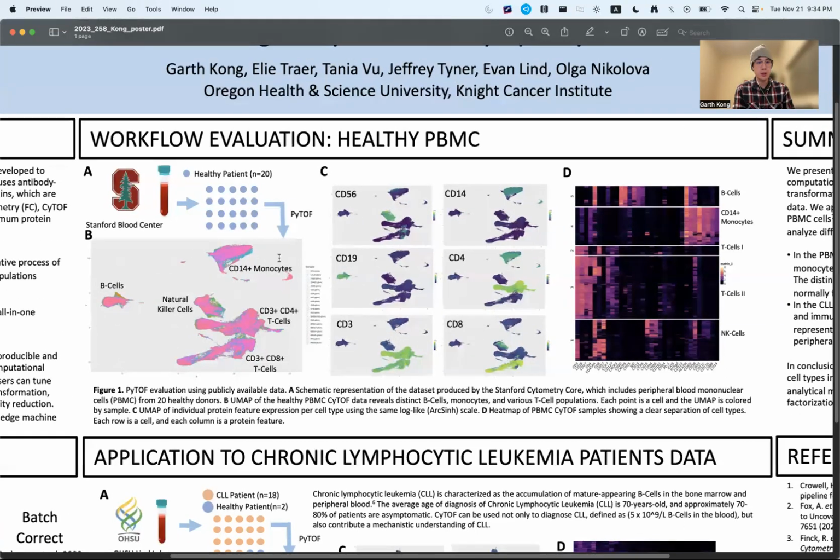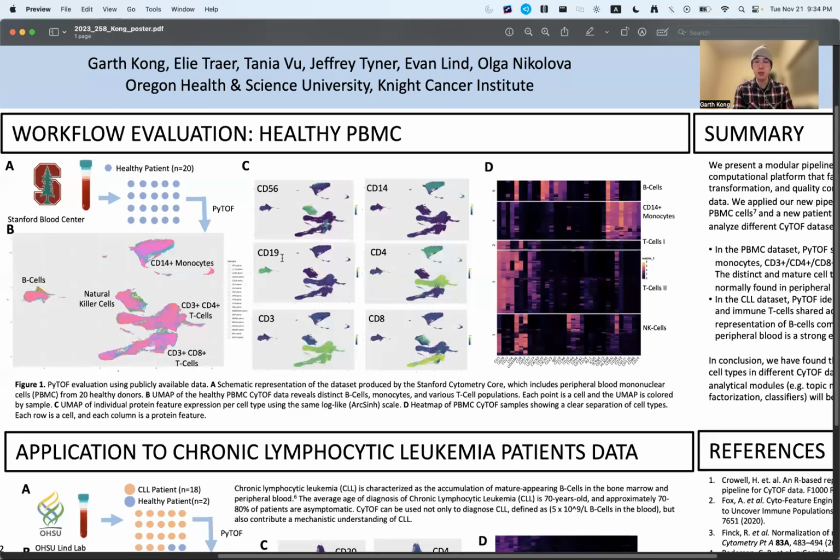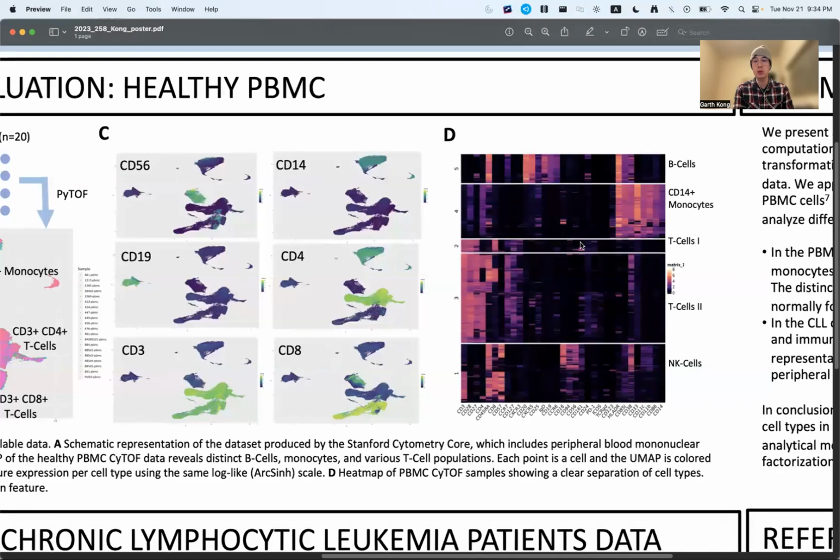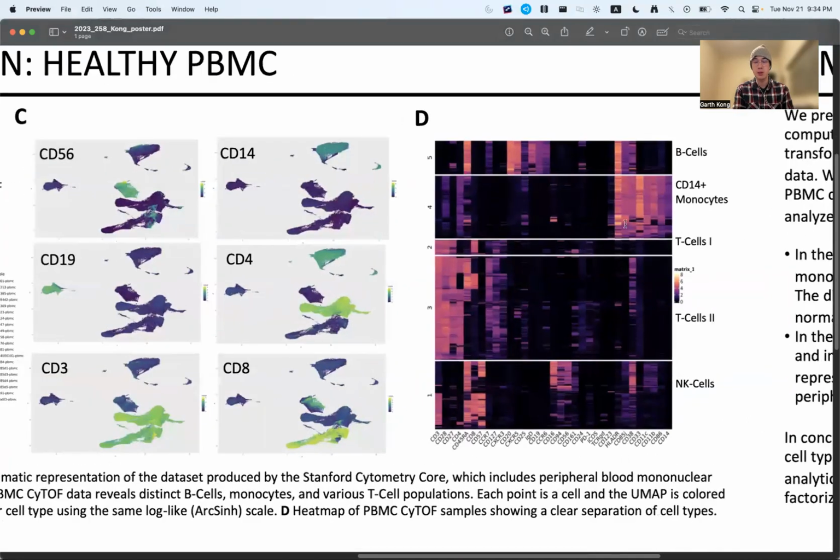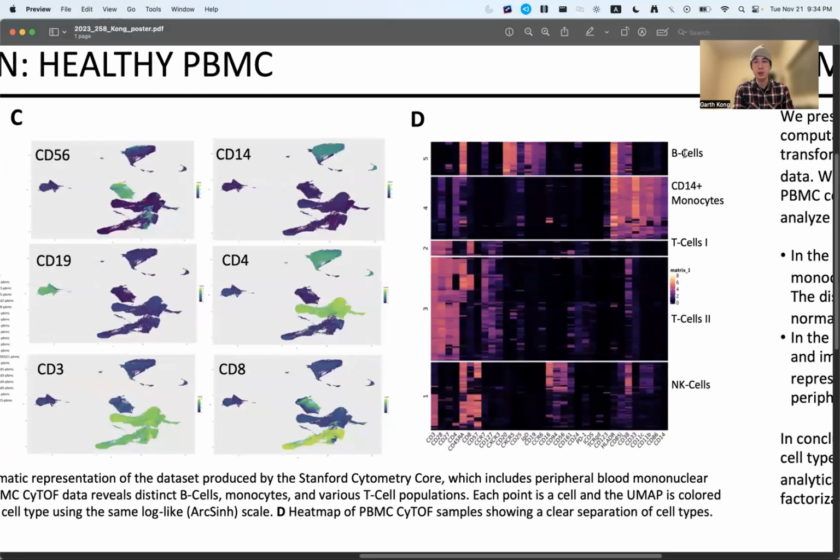Using the same dataset, this is visualized differently using a hierarchical clustering and a heat map. So here we have 5 total clusters. Each row is a cell, and each column is a protein feature. Over here in this cluster, we have B cells because there's really high CD19 expression just right here.